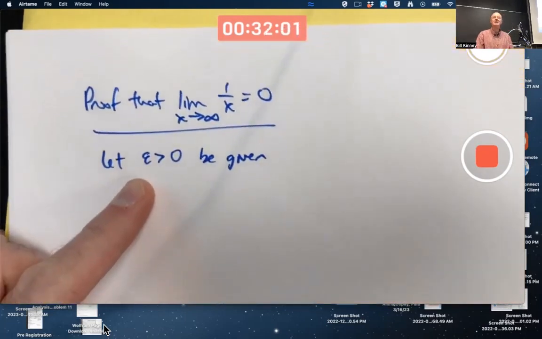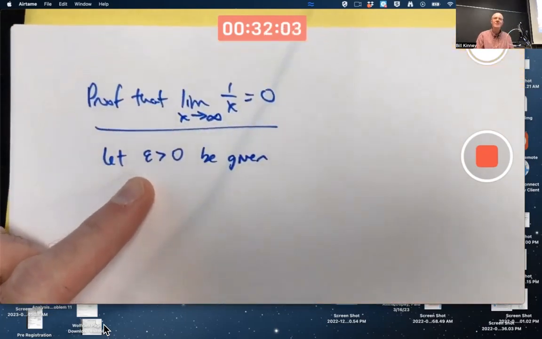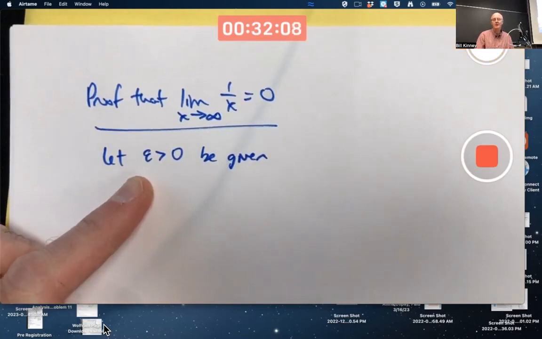That's a Greek letter epsilon. Technically speaking, it's an arbitrary positive number. Could be large, but what I'm imagining is that it's really, really tiny. Just in my imagination, not of necessity. It could be 10 to the negative 4. It could be 10 to the negative 100.